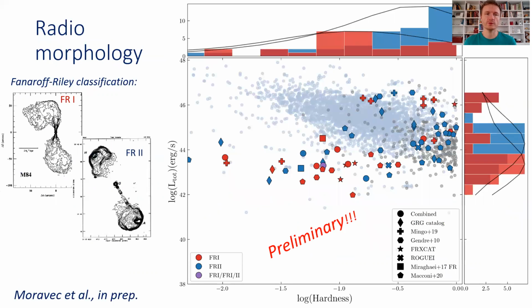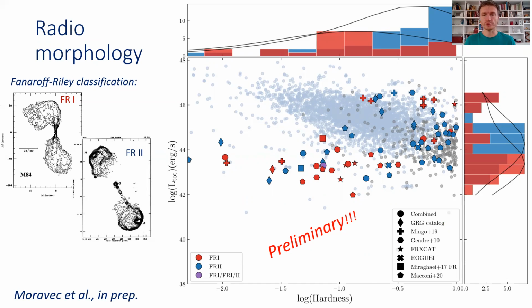And not only radio loudness, but we are also interested in radio morphology that can trace the accretion evolution. Emily Moravec analyzed the different population of radio galaxies in the hardness luminosity diagram. According to the Fanaroff-Riley classification, the sources classified as FR1 have more radio emission coming from the center, so they have more compact jets.